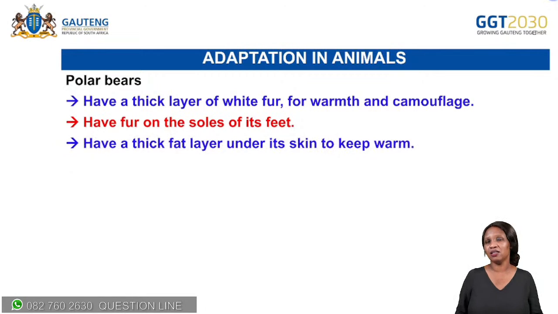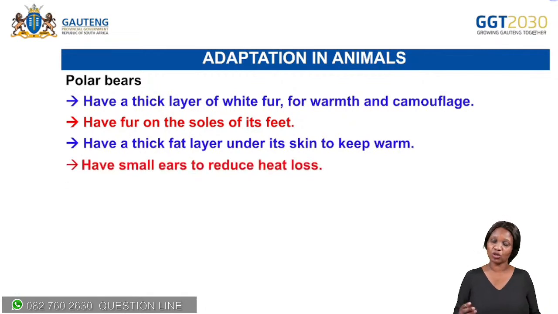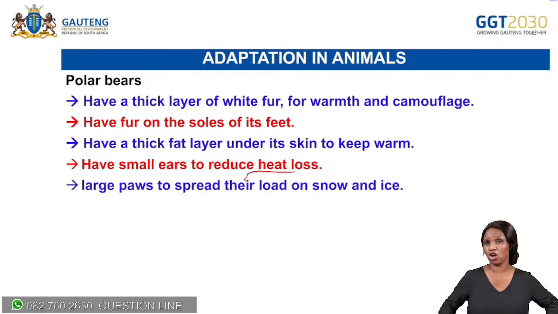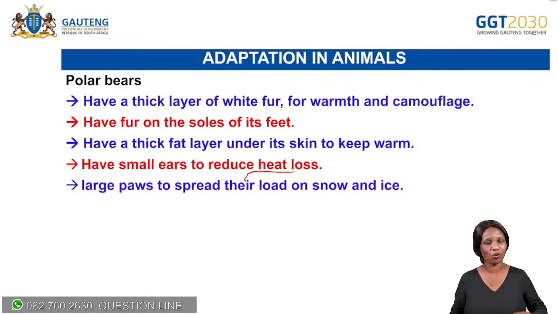And then they've got a thick layer of fat under the skin to keep it what? To keep it warm. And then they also have what? Small ears to reduce heat loss. And then they've got large paws so that they can spread their load on what? On snow, so that it can walk on snow.